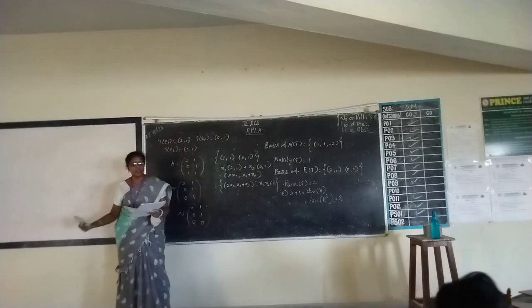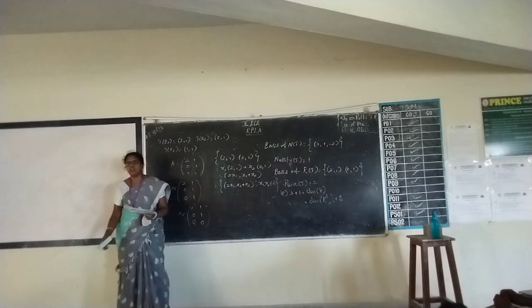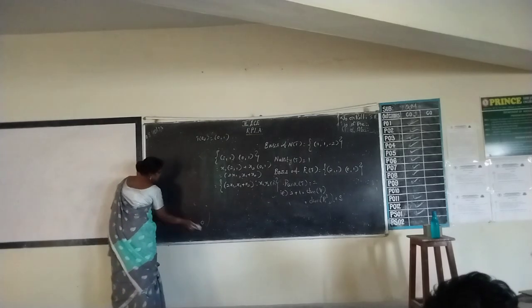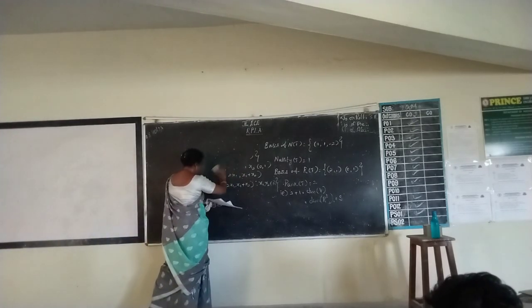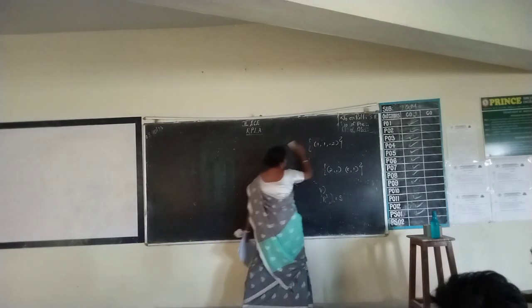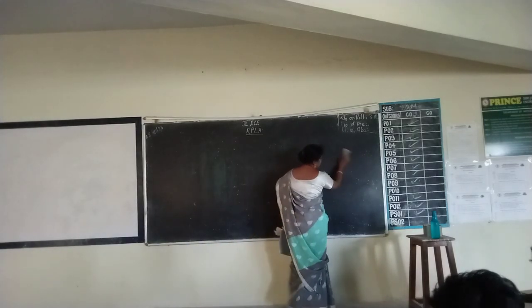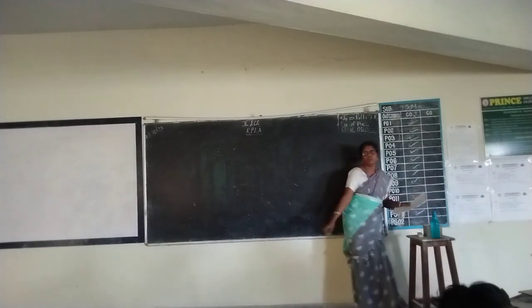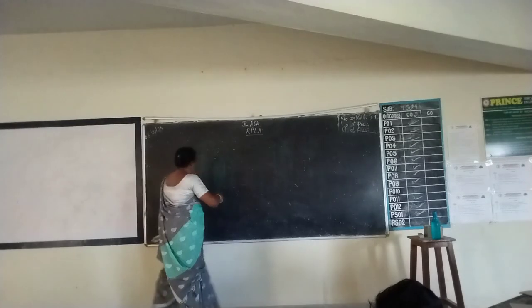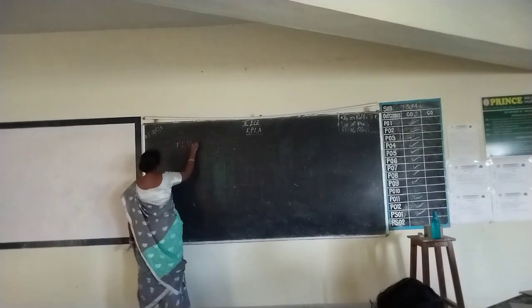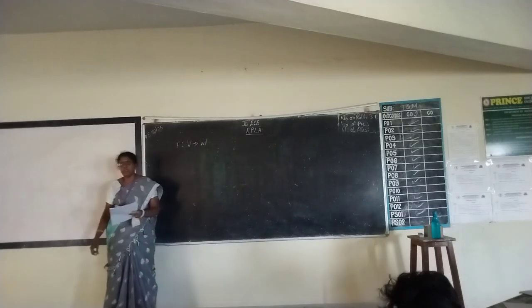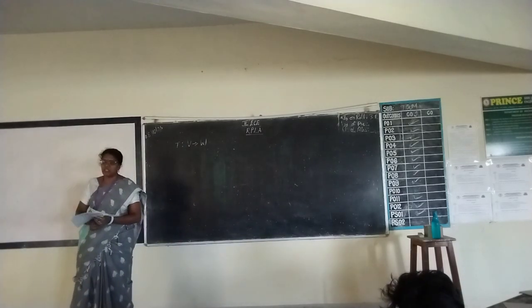Take down. Let V and W be vector spaces. Definition or general statement: we are going to discuss what is one-one and what is onto. Let V and W be vector spaces and let T from V to W be a linear transformation.